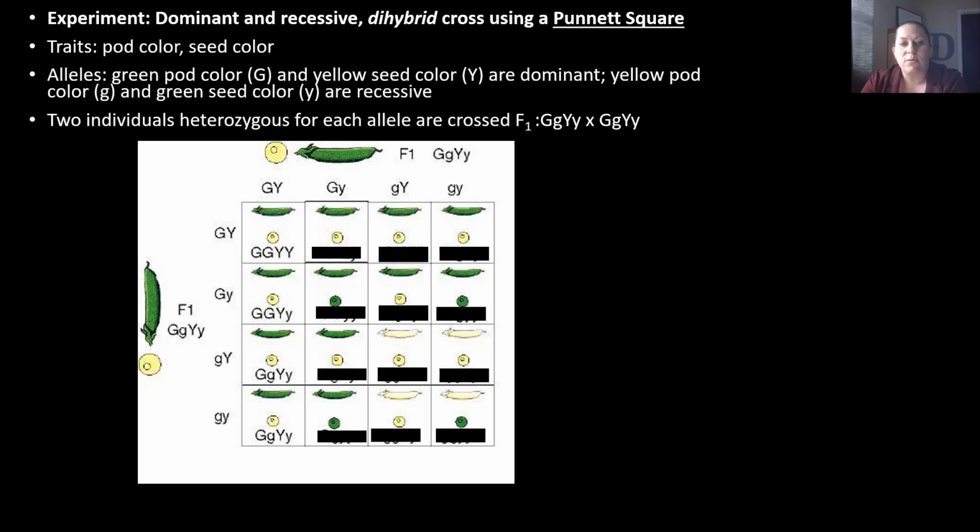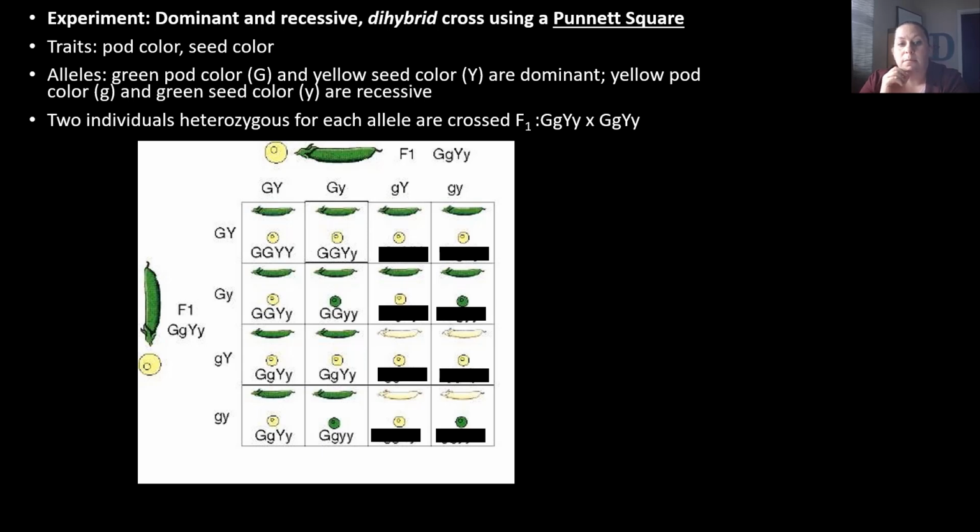So let's go to the second row. The second row, I'm going to have my big G, big G, big Y, little y. So I've got green and yellow. But guys, look at the second box in that second column. I have two big G's, which means the pod is still green, but you guys see how there's two little y's there? This means now the seed is green.